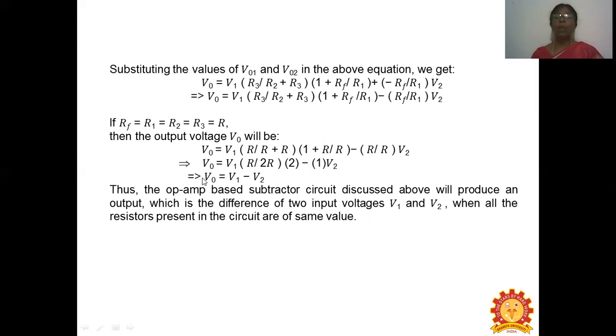Therefore, the overall output voltage V0 is equal to V1 minus V2. So the op-amp based subtractor circuit we discussed will produce an output which is the difference of the two input voltages V1 and V2 when all the resistors present in the circuit are of the same value.